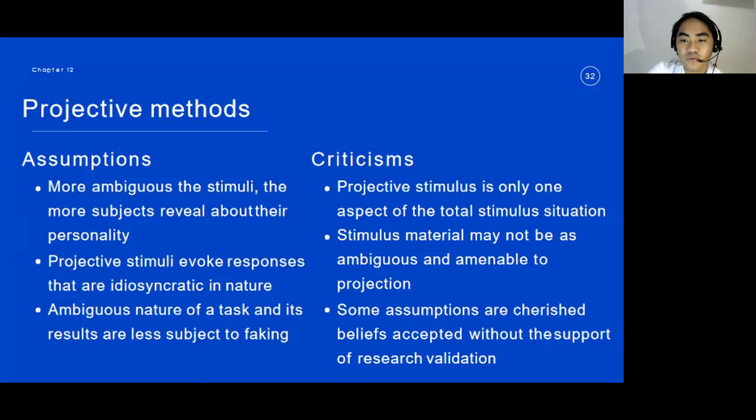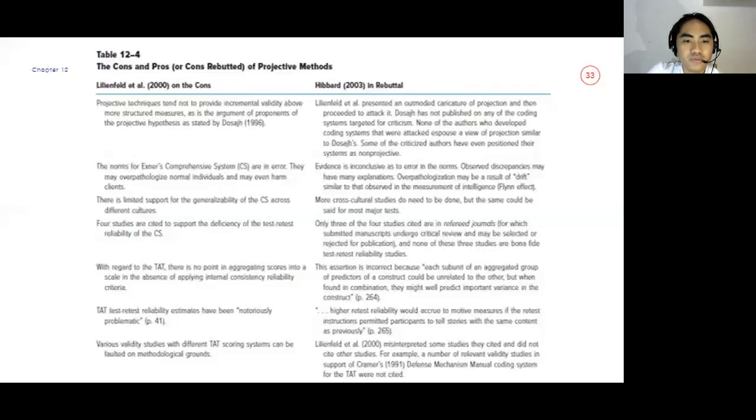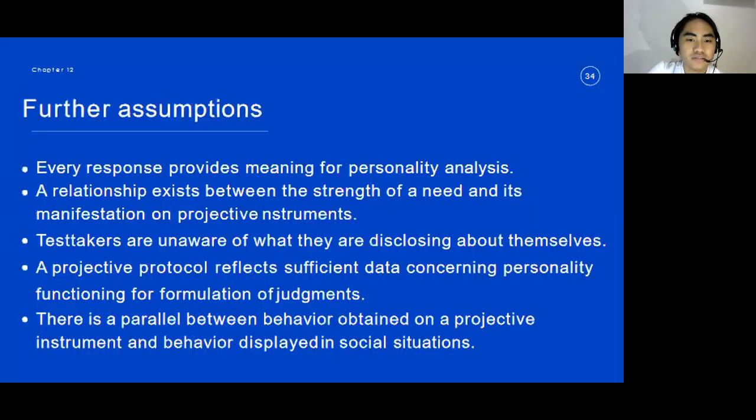If it shows someone arguing or a really sad scene, it's no longer ambiguous, and we can't really project onto it. We're just reporting what we're seeing. And some assumptions are our cherished beliefs, such as that they are less subject to faking, but the evidence behind that is contested. So there are more pros and cons there. Please do have a look at that.